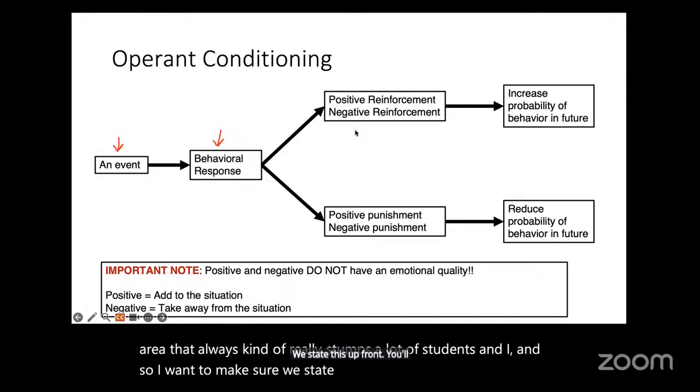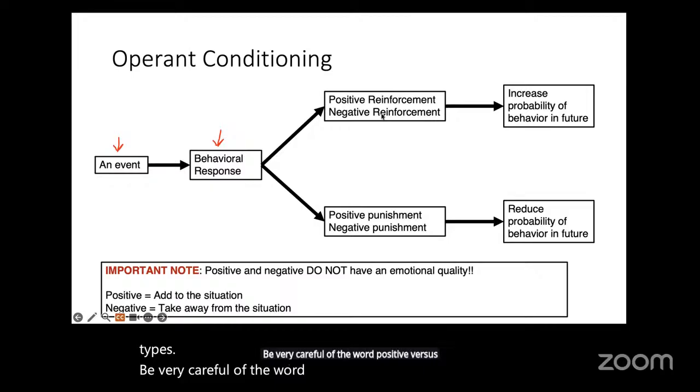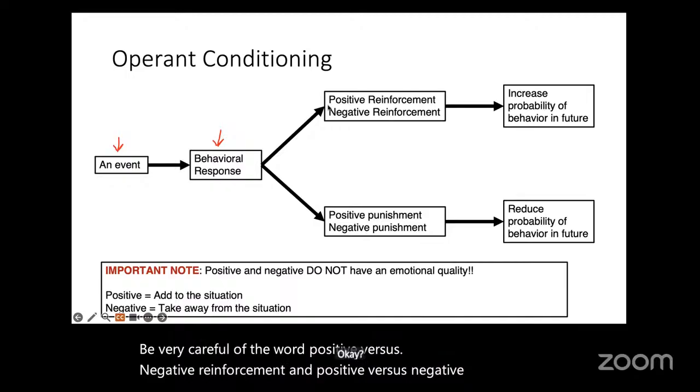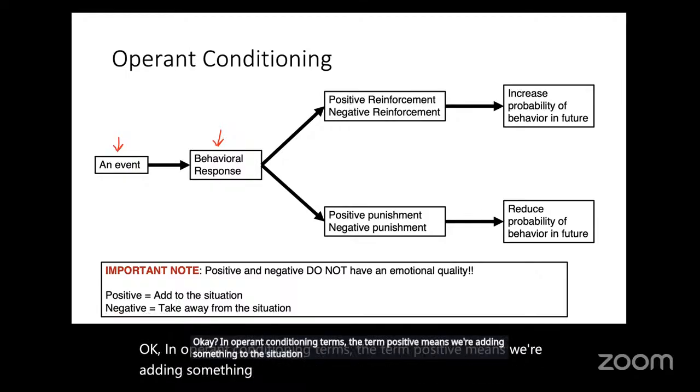You'll notice that for reinforcement, there's two types, and for punishment, there's two types. Be very careful of the words positive versus negative reinforcement and positive versus negative punishment. Okay. In operant conditioning terms, the term positive means we're adding something to the situation that is reinforcing.